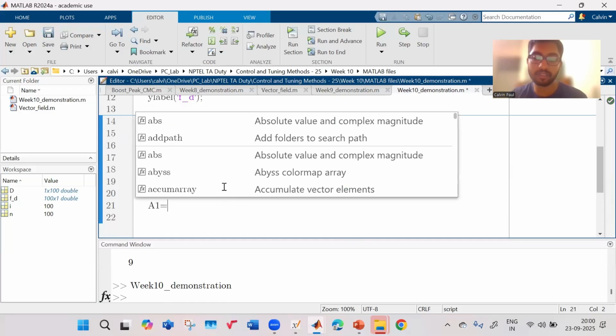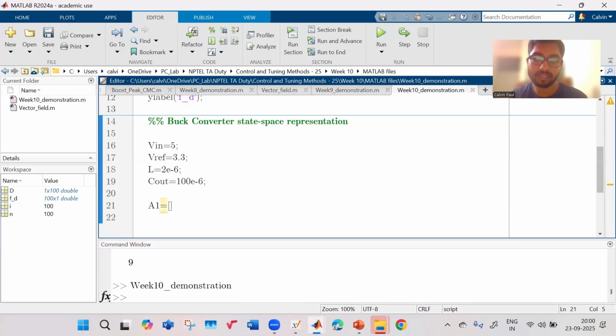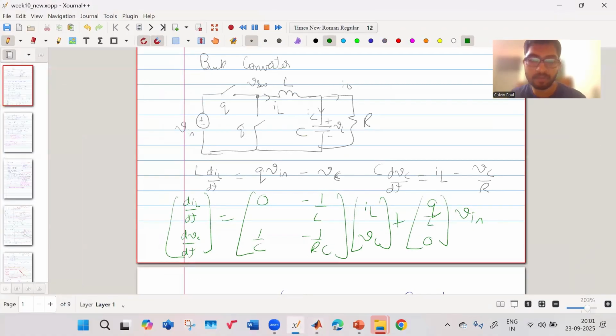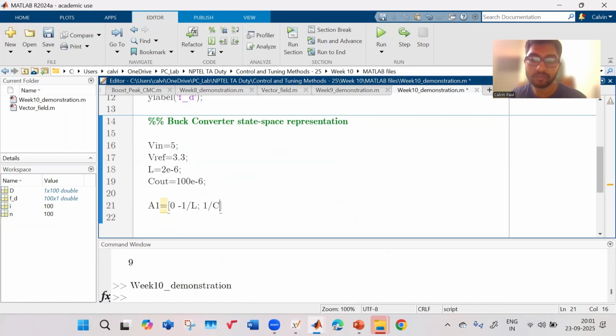So now, what is your A1 matrix? A1 matrix is 0, minus 1 by L, 1 by C out, minus 1 upon R. Now R is important. Let's say R is 1. Okay. Minus 1 upon R into C out.